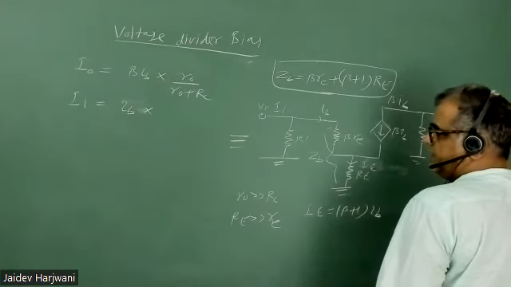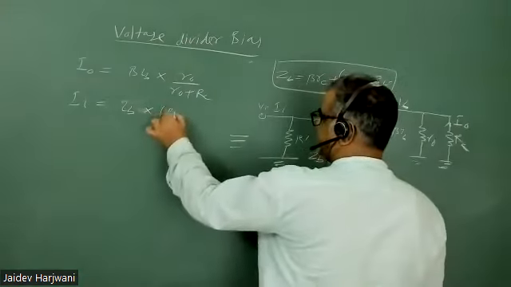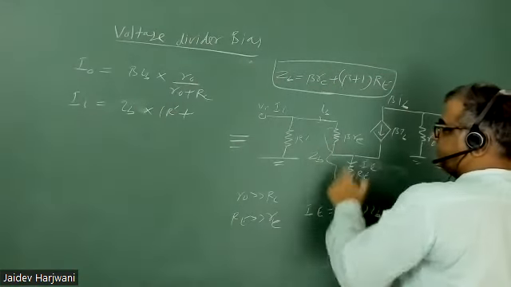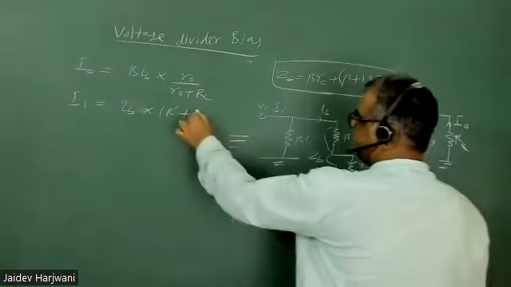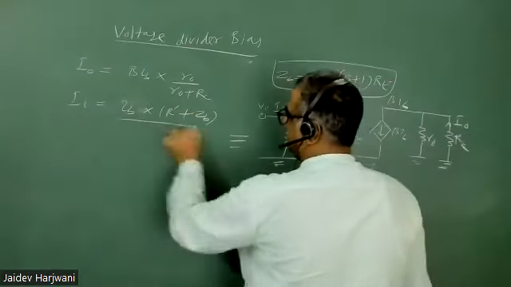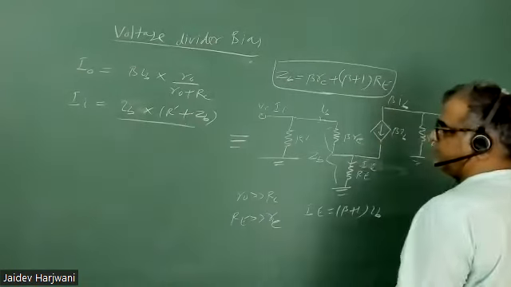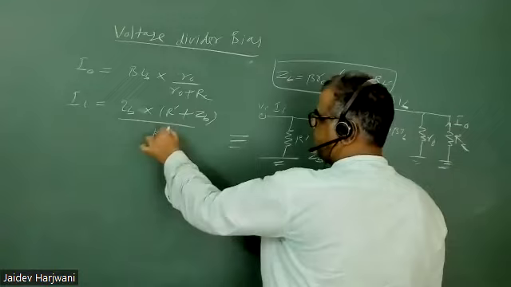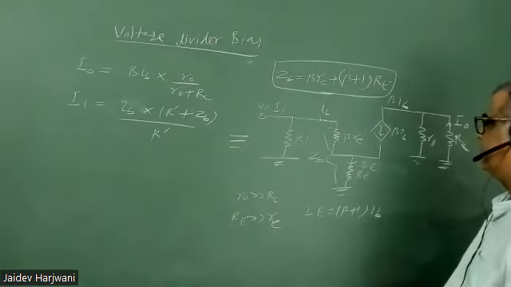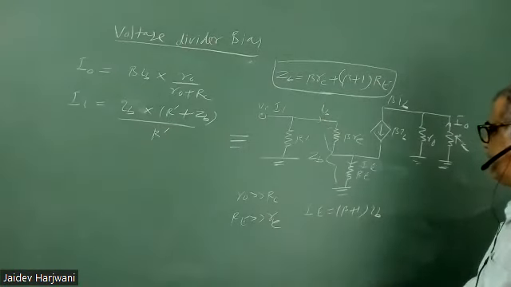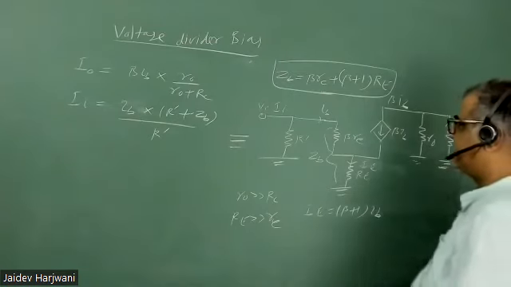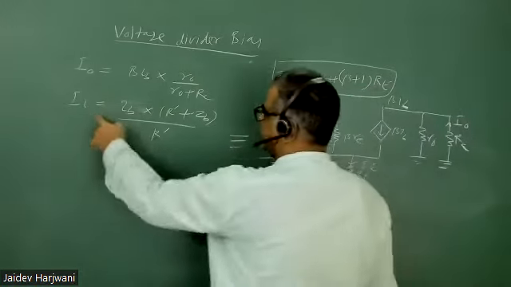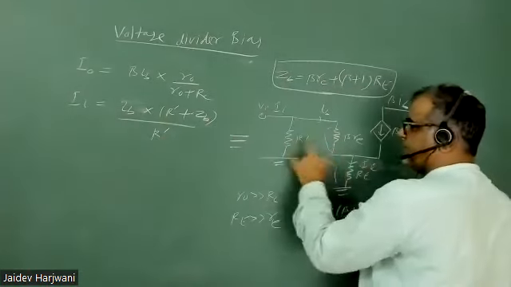I naught R dash. So this is R dash plus what? This total resistance, yes or no? ZB plus R dash. What will come in the denominator? R dash. Yes or no? If you want to find IB, you take the opposite resistance and the sum of resistance, R dash plus ZB.